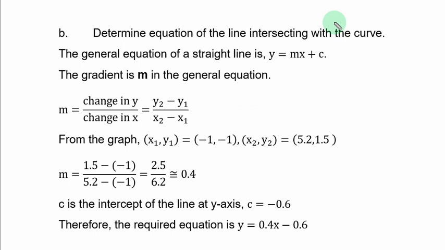B, determine equation of the line intersecting with the curve. The general equation of a straight line is simply y equal to mx plus c, where m is the gradient or slope, which is obtained by evaluating the ratio of the change in y to x.